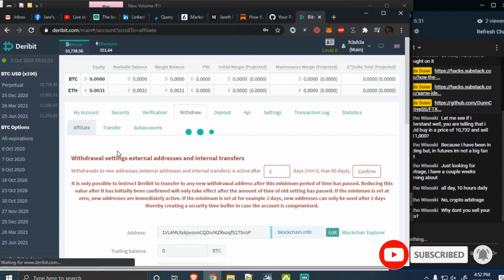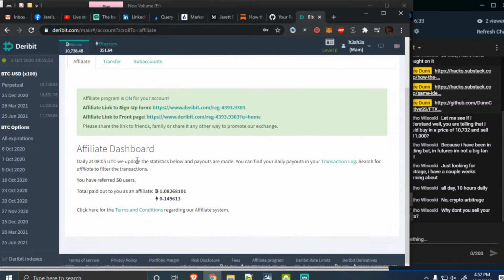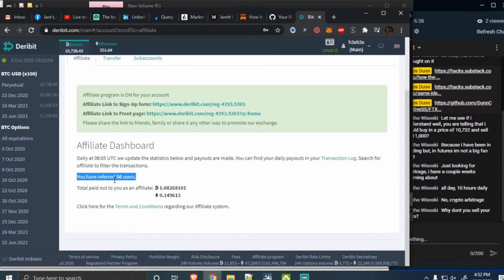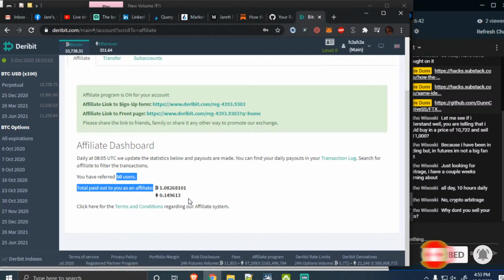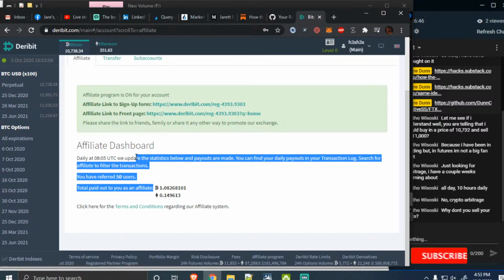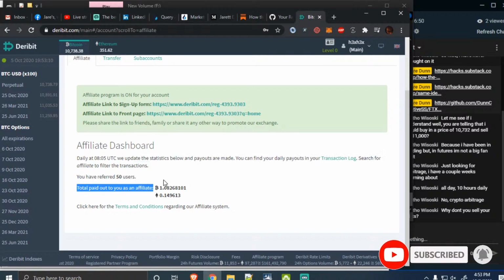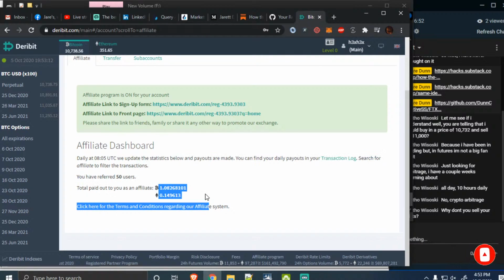Where's affiliate? So here, I referred 50 users, and I've made more than a Bitcoin in referral fees. Most of those came from one user, about 0.7 or 0.8 Bitcoin from one guy that traded 50 million notional out of nowhere in about 6 days. So as you can see, I do make a tidy amount of money.